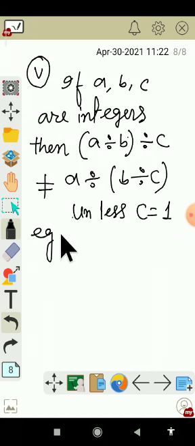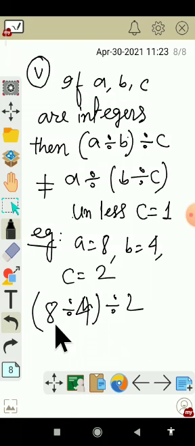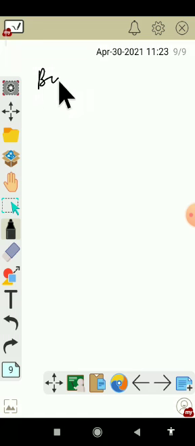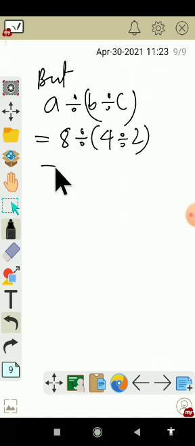So take one example, a equal to 8, b equal to 4, c equal to 2. 8 divided by 4, divided by 2, will give us 2 divided by 2, that means 1, but 8 divided by 4 divided by 2 will give us 8 divided by 2, that is 4.